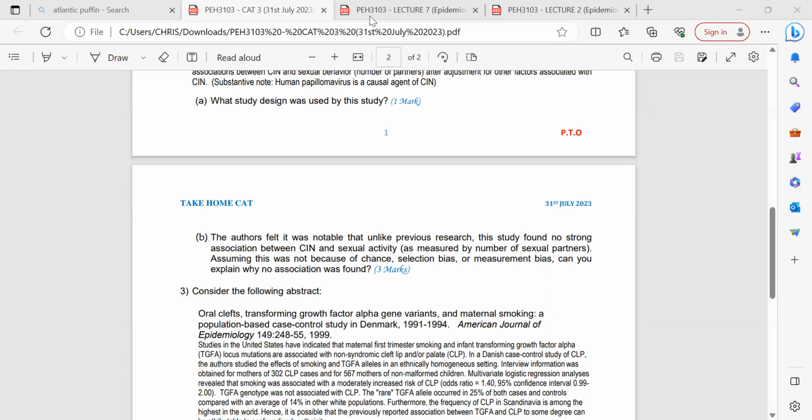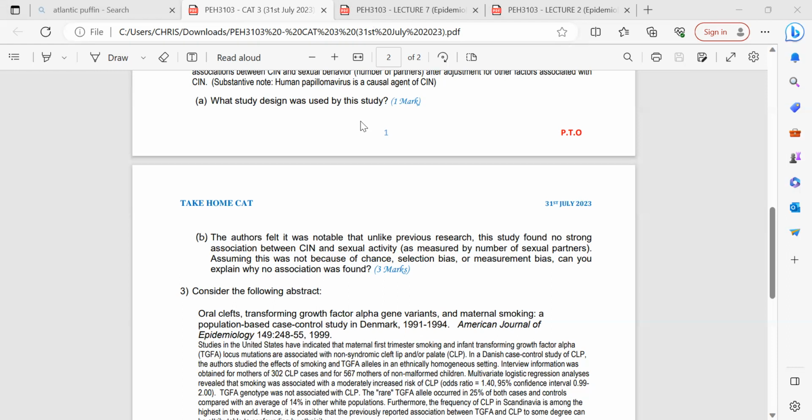Remember, we are told the main culprit is human papilloma virus. And remember also, human papilloma virus is sexually transmitted. Yeah, okay, I agree with that.